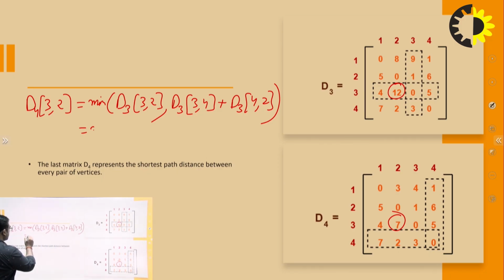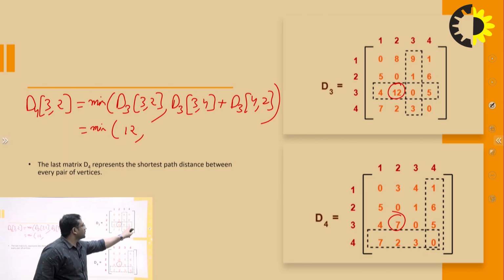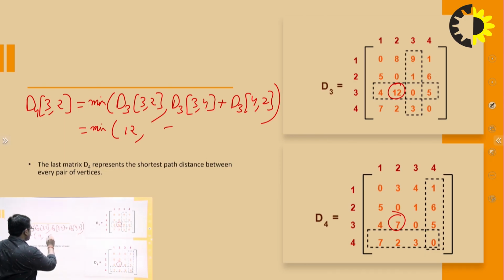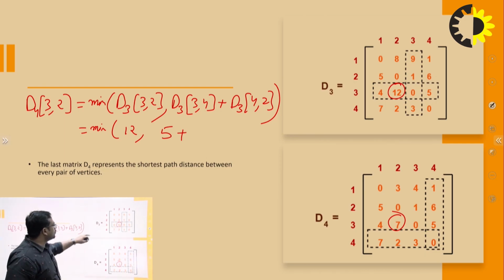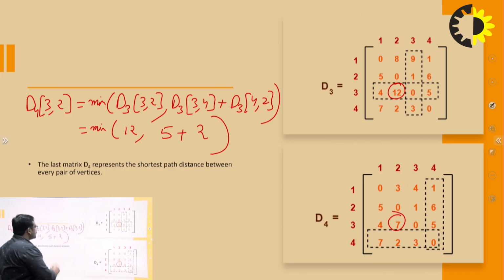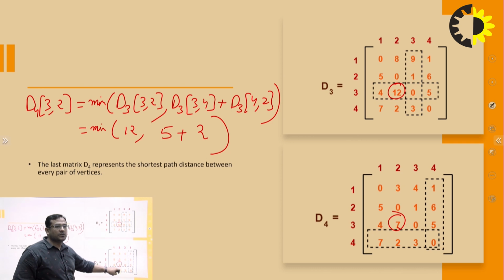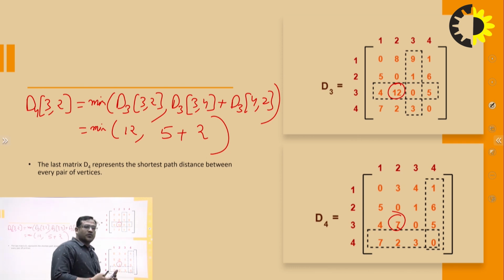So the minimum of 12 and D3[3][4], that is 5, plus D3[4][2], that is 2. So you can see this is 12, this is 7. Whatever is minimum, 7, we can update this value. Got my point? This is the way you can update the matrix of D4.